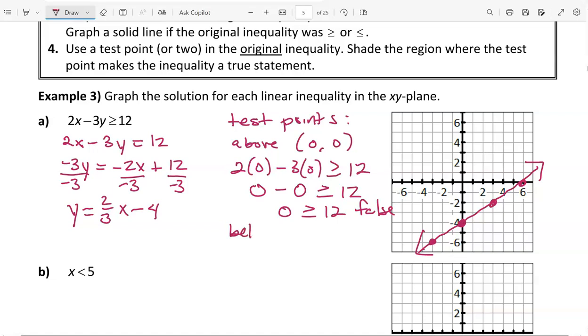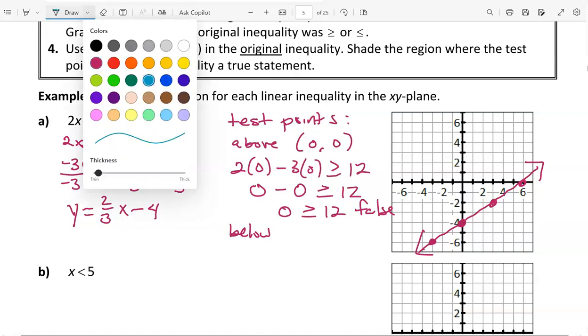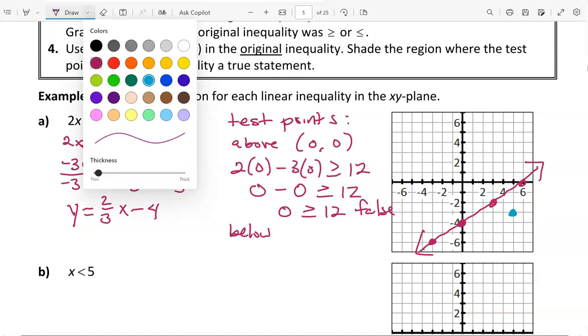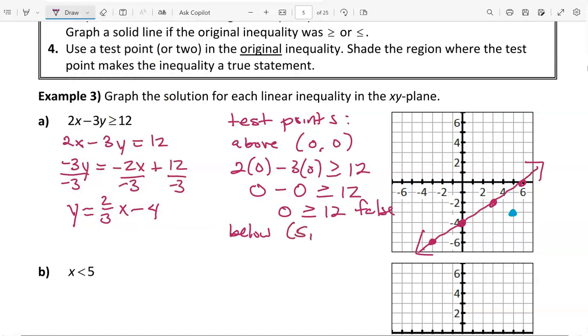Now let's test one that's below the line. And a point that's below the line could be, for instance, anything in that area below. So I'm just going to pick a random point here. Let's say 5, negative 3. Test that point. And 2 times 5 is 10.